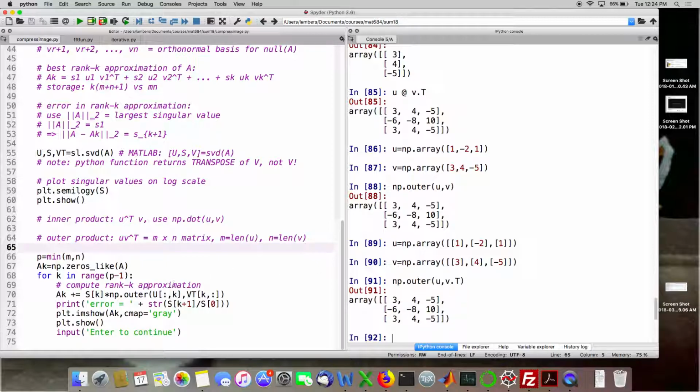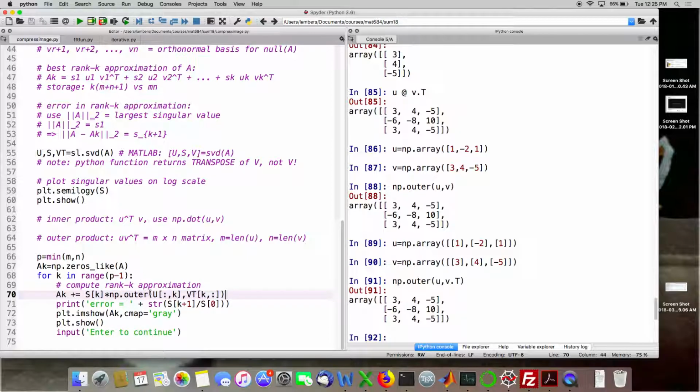And that's actually what's happening here. I have a column of U, that is a left singular vector, and a row of V, that is a transposed right singular vector. So the transpose is already built into what the SVD function returns, which is why I didn't have to do any transposing here. This gives me one term of a rank K approximation.